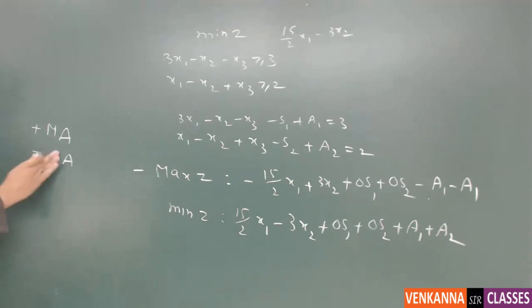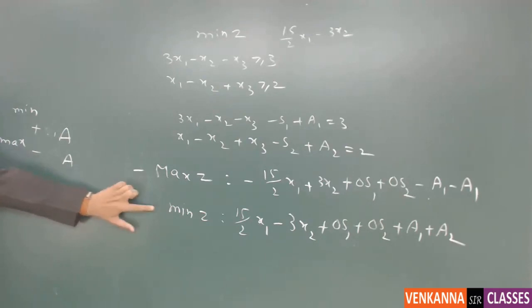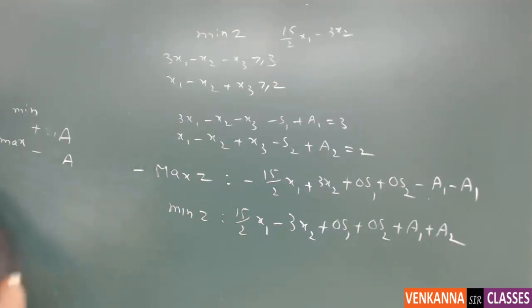If you take M as 1, this is for minimization and this is for maximization. That is the way we usually write. Clear now? That's why I have written the two objective functions here. This is the actual objective function which is given and this is the canonical form which we write actually. And by multiplying with minus I have written like that. The constants also changed. Fine.